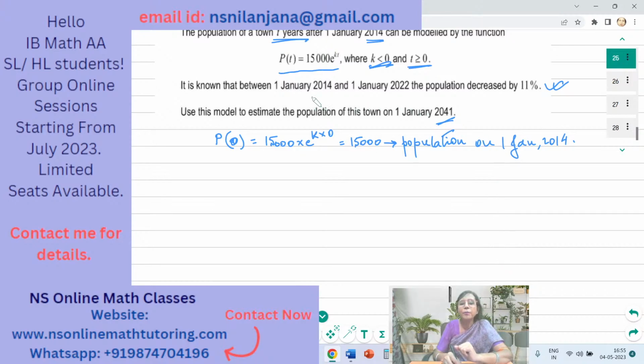And we have seen from 1st January 2014 to 1st January 2022, we have 8 complete years. And the population decreased by 11%. So 11% decrease, that means 100 minus 11 is 89%. If you are getting confused, I can write 100 minus 11 is 89.